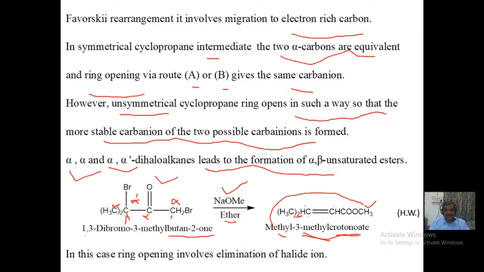Now your homework. If I ask how 1,3-dibromo-3-methylbutan-2-one, that means this starting material, gets converted into methyl 3-methylcrotonate, can you use the previous slide and design the steps, friends? This is your homework. I know that only a few of you are going to stretch your mind.